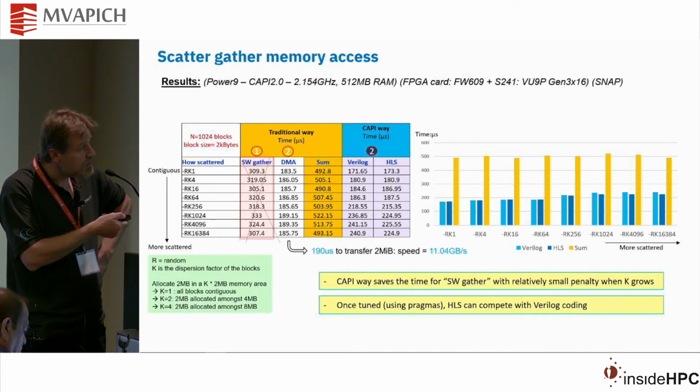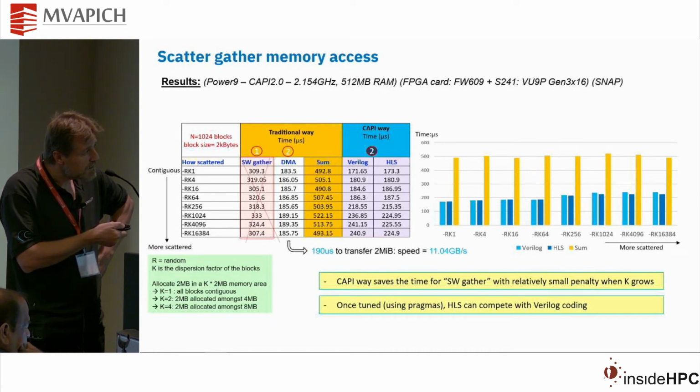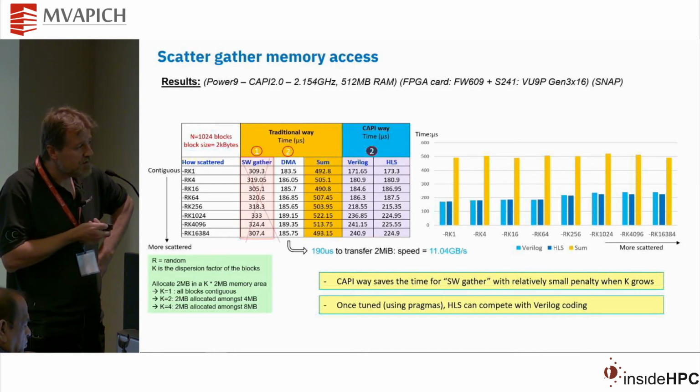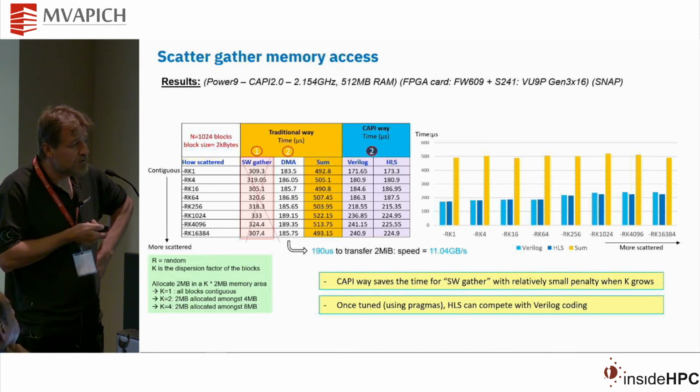So at this level, when you increase the spreading, the time is beginning to be equivalent at some point. Oh, sorry, it's better here, okay? But at a certain level, when it's spread, the penalty is a little bit increased. But when it's tuned, HLS can compete with Verilog coding. We'll see in a minute what HLS is providing to us. So HLS is a C coding of what we want into the FPGA.